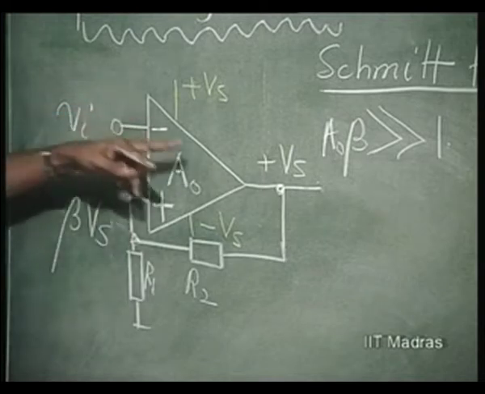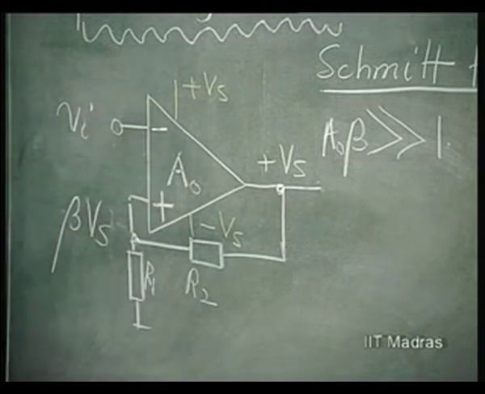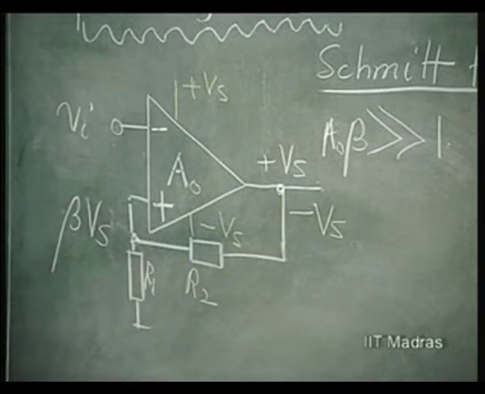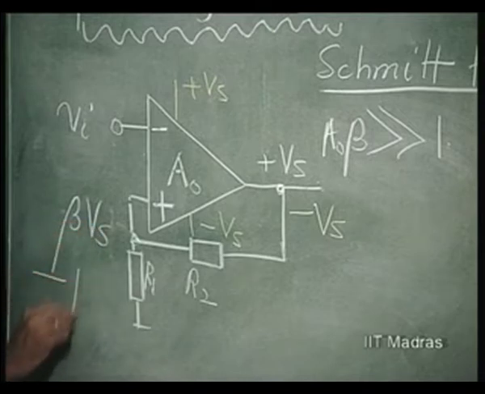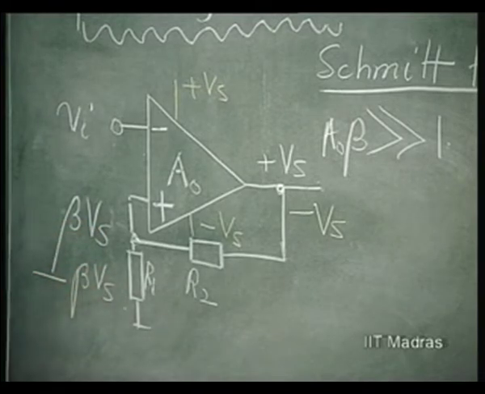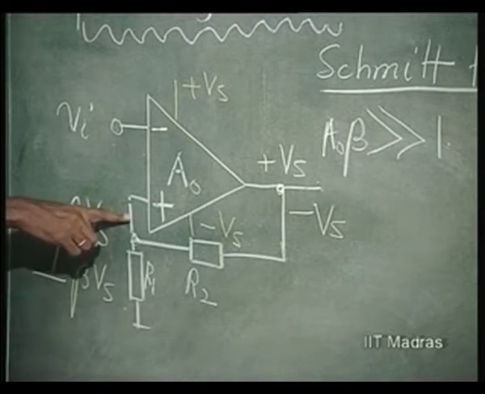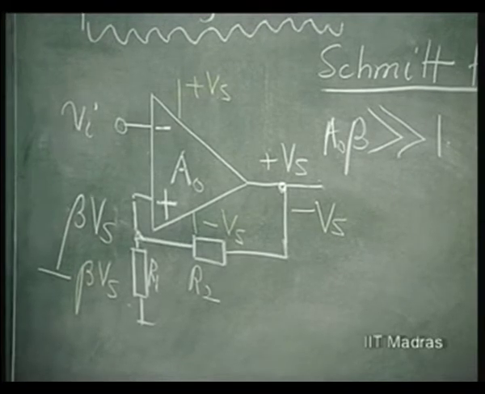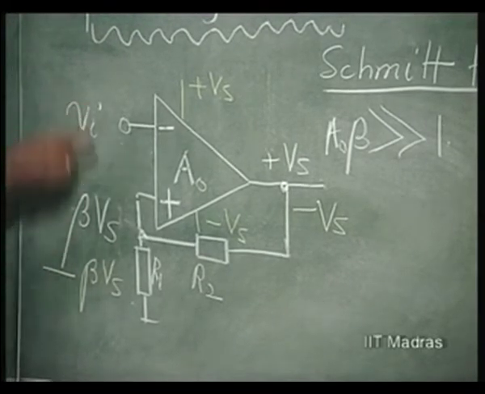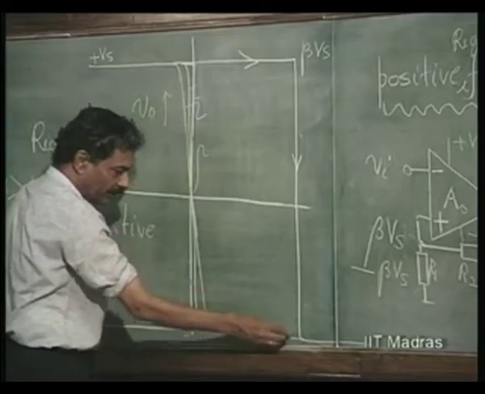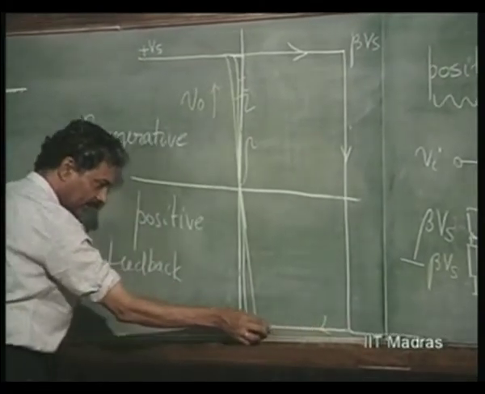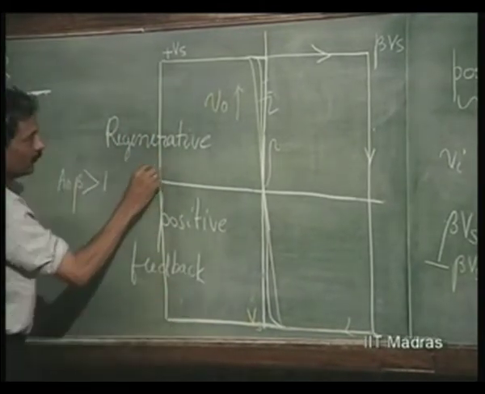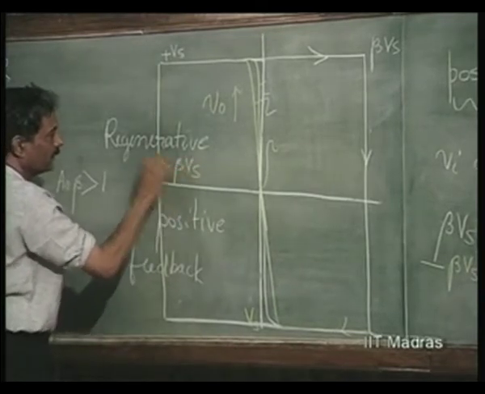Thereafter, it changes state from plus Vs to minus Vs. This goes from beta Vs to minus beta Vs. So, this voltage has changed to minus beta Vs. Now, if this voltage decreases, it will not change state at plus beta Vs. The voltage with which it is compared is minus beta Vs. So, it will go on like this, and will change state only at what? Minus beta Vs.